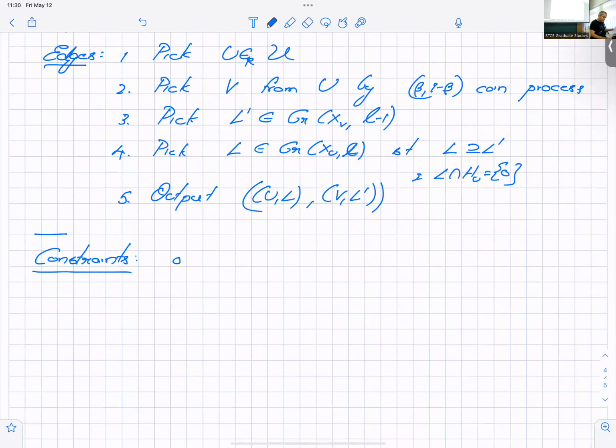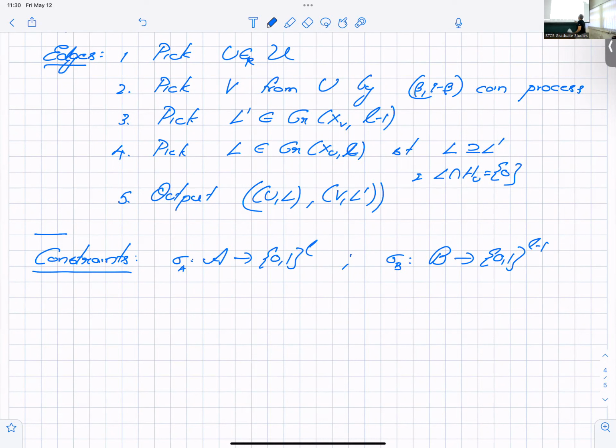I'm going to give a sigma A from A to {0,1}^L and a sigma B from B to {0,1}^(L minus 1), where I'm going to view the L bit vector and the L minus 1 bit vector as linear functions on the corresponding L dimension and L minus 1 dimension spaces. So there are multiple things here. Once you get the space here, you extend it to HU.